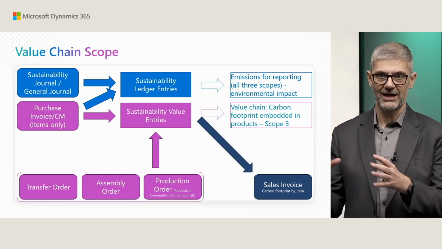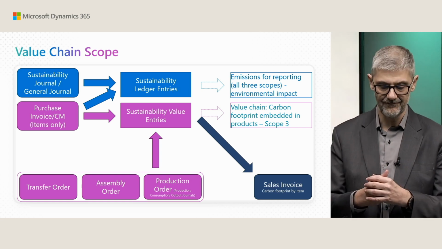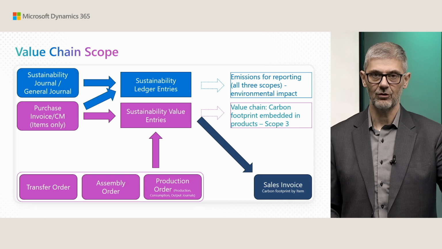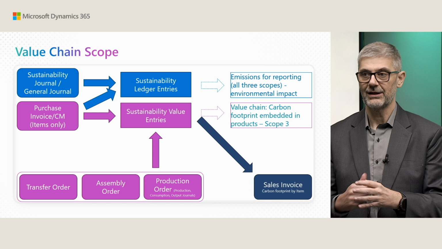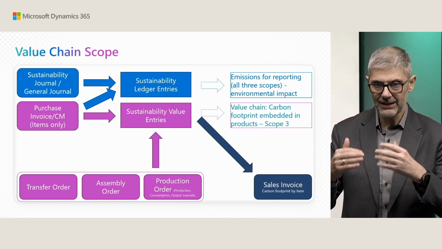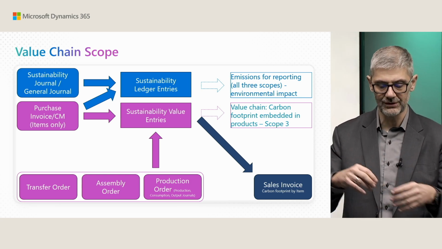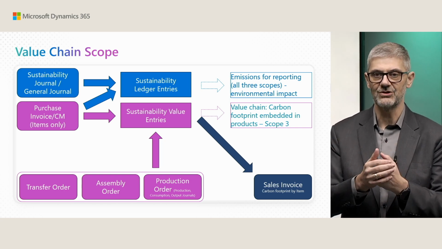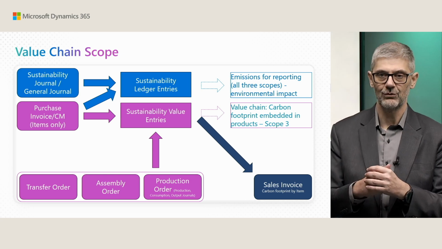When you post a purchase document, only items, at this moment not item charge, the system will collect all this information about items, and we will have a sustainability value entry. Then whatever we are handling with these items, with transfer orders, assembly orders, production orders, and so on, we will increase and change this sustainability value related to these items.